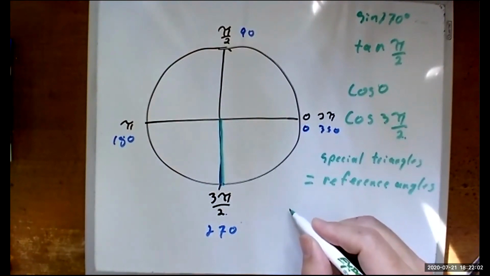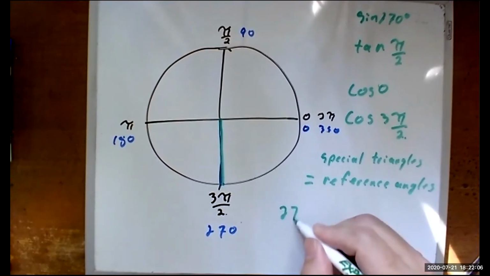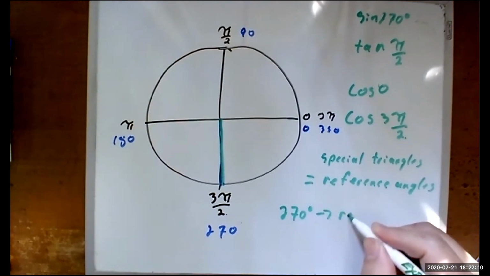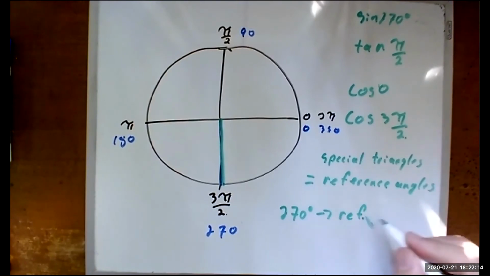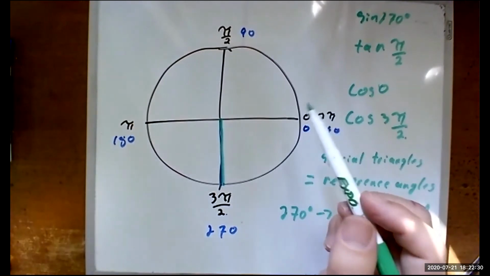So if I'm here at 270, that immediately means that my reference angle must be 90. Okay? So 270 degrees has a reference angle of 90 degrees.